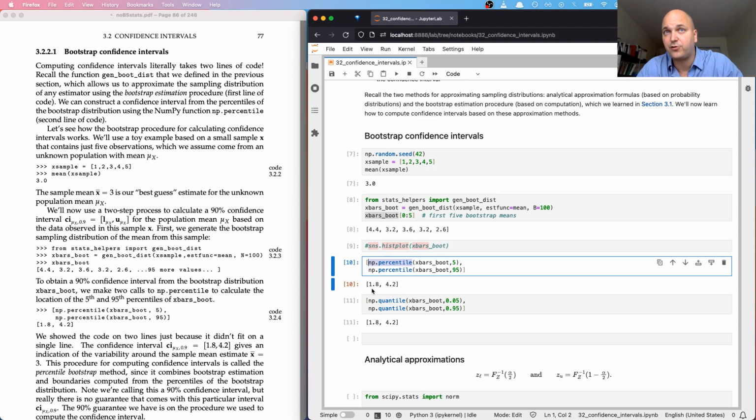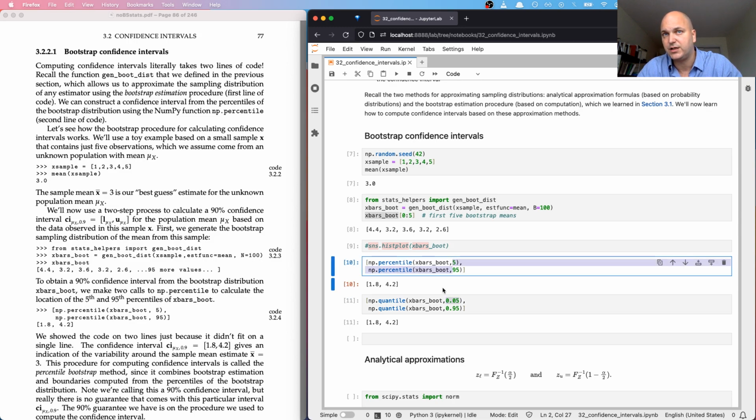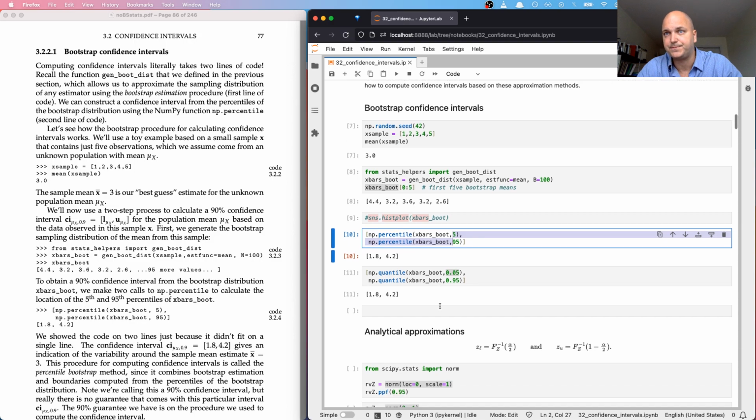That's how you obtain a confidence interval, by cutting off the two tails. Equivalently, the quantile method works exactly the same way, but you give quantiles, numbers between 0 and 1. Here it is percentages, but it does exactly the same thing.